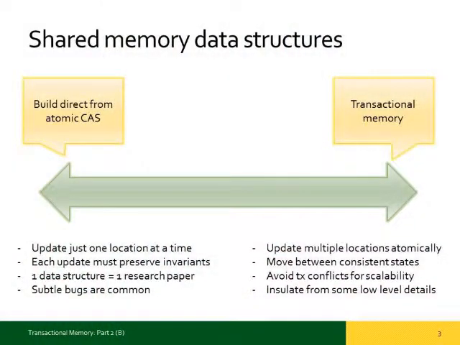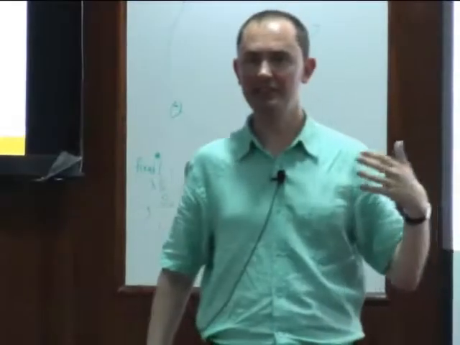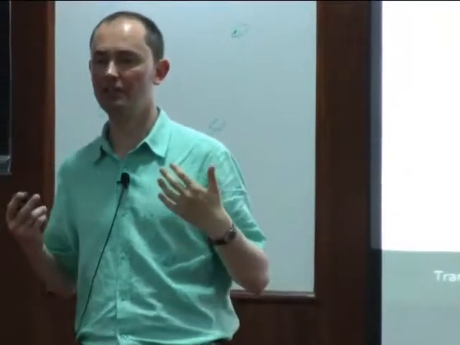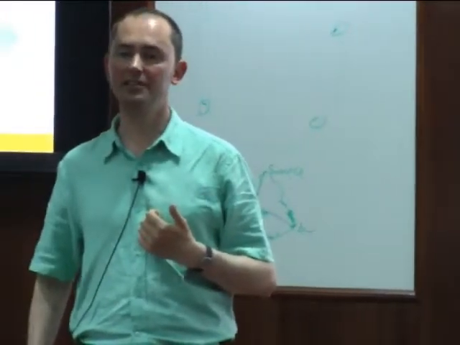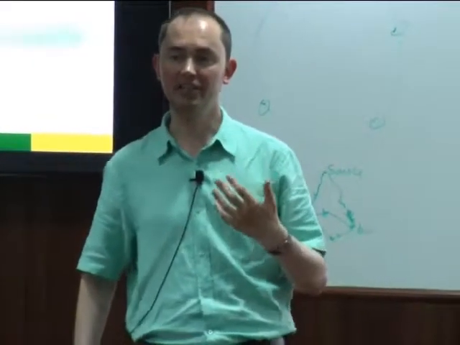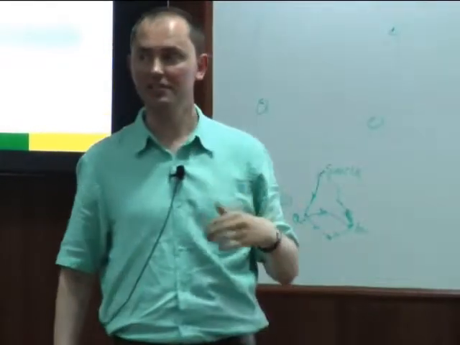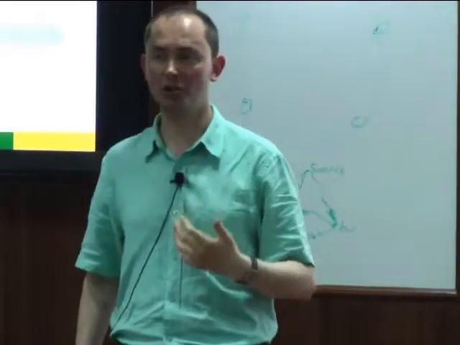So the motivation for this work is that previously there was a range of techniques that could be used for building shared memory data structures, but neither of these really seemed ideal. So on the one hand, we could build data structures directly from the single word atomic operations that processors provide these days.